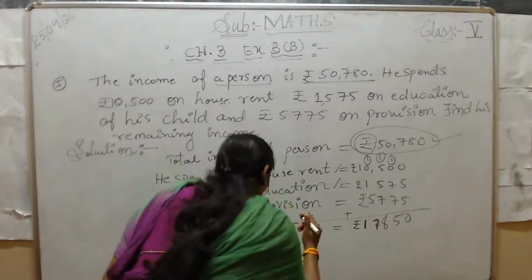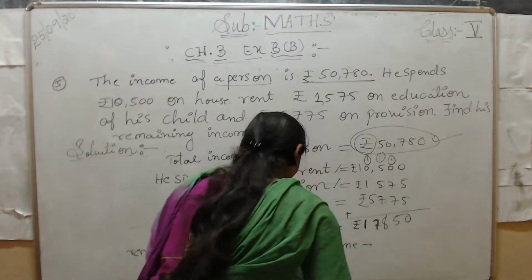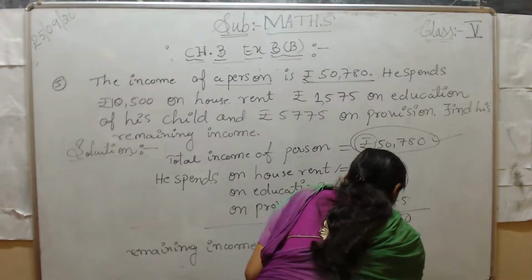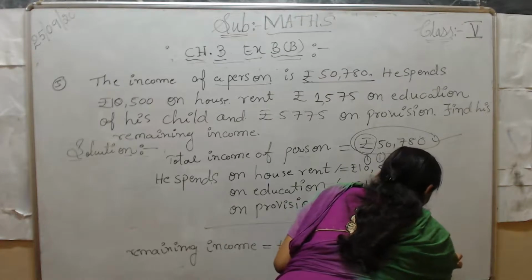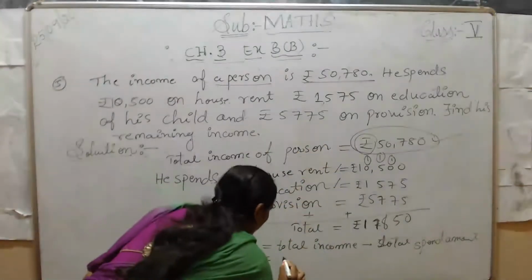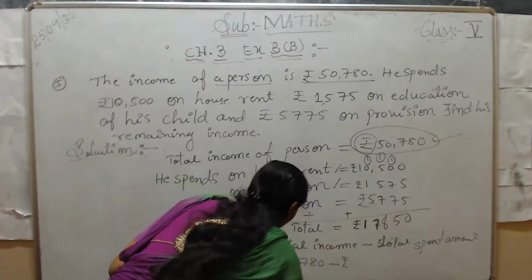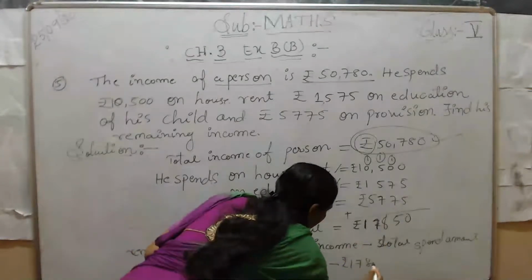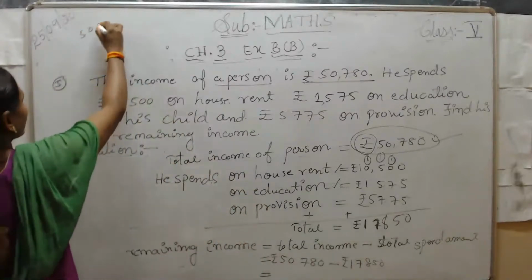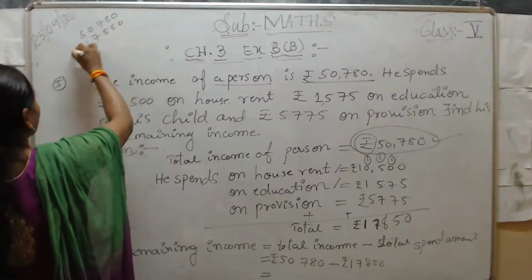The total income is 50,780 minus the total spend amount 17,850. Now do the subtraction: 50,780 minus 17,850.